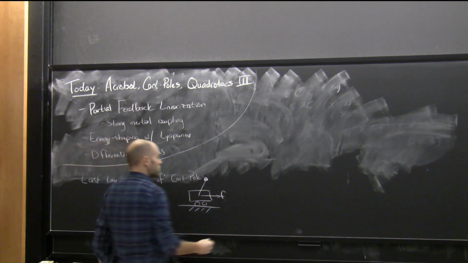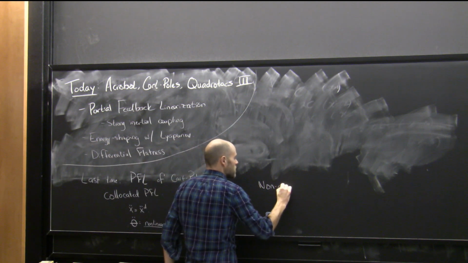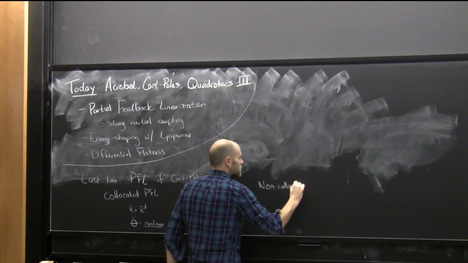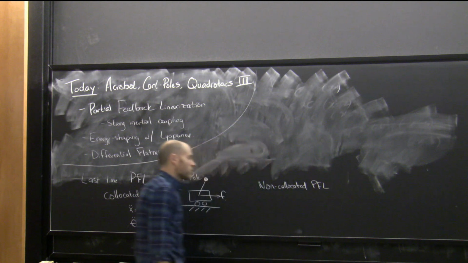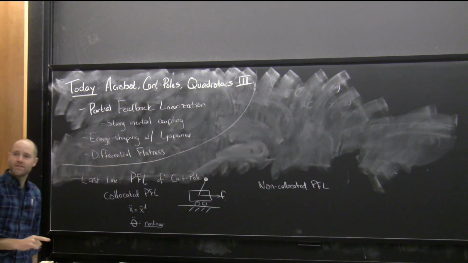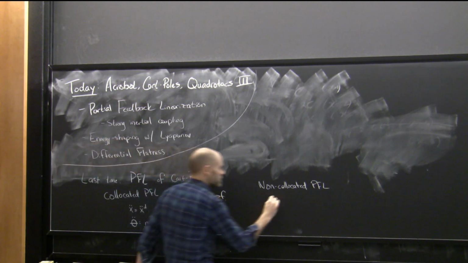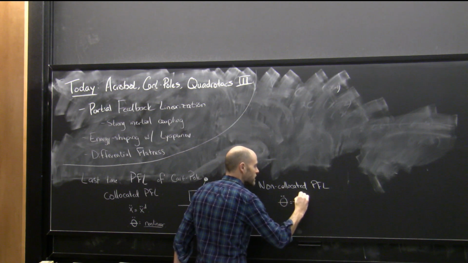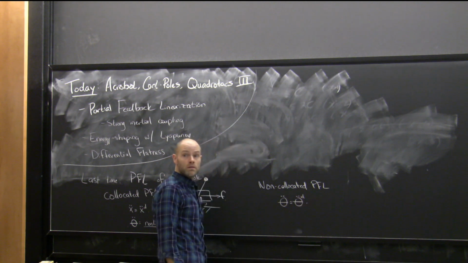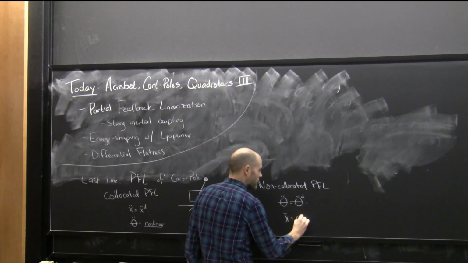The other idea there was non-collocated partial feedback linearization, where we said actually, most of the time, you can control the pendulum, if you'd like. You could say theta double dot equals theta double dot desired. You're left with x double dot being something nonlinear.